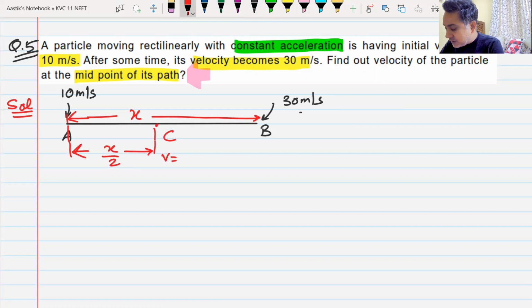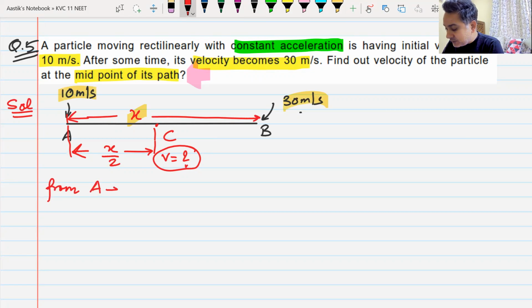You are supposed to find out the velocity at point C. Now, how are you going to do this? You know initial velocity, you know final velocity, and you know displacement. Which equation should you use? You must use equation number 3.